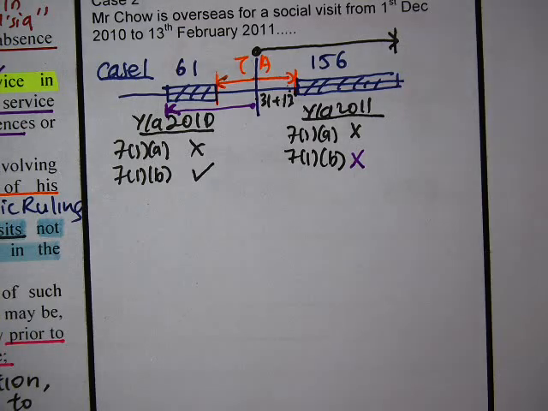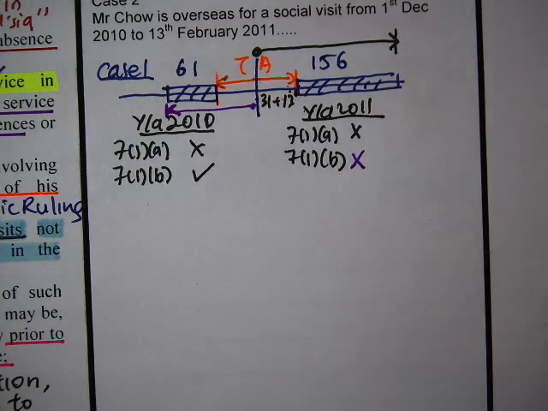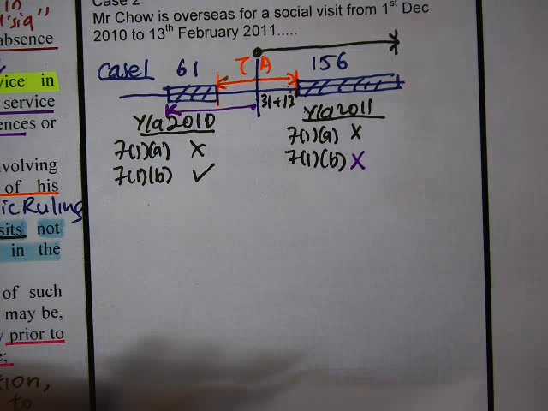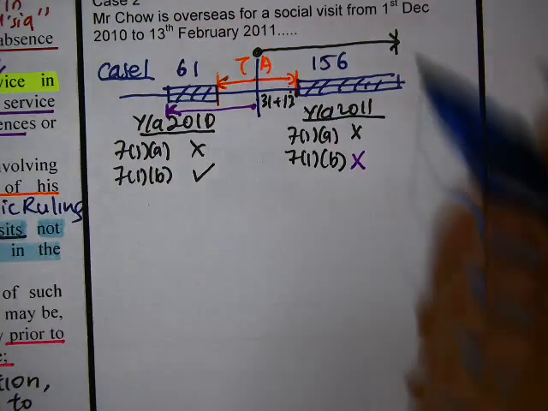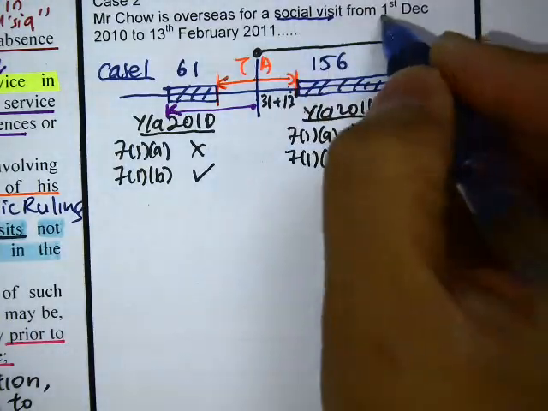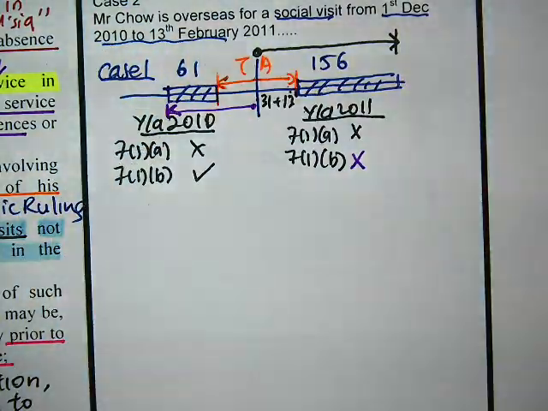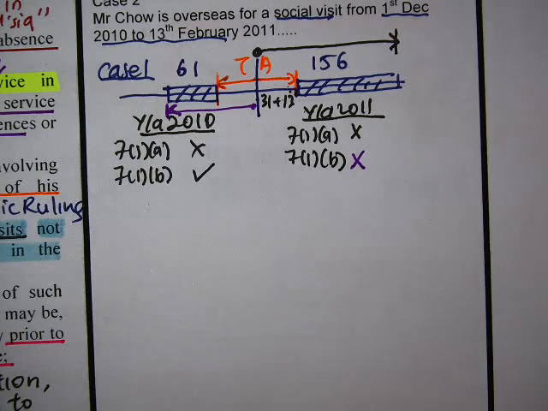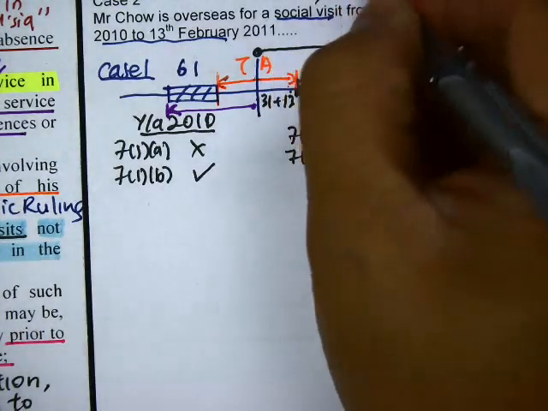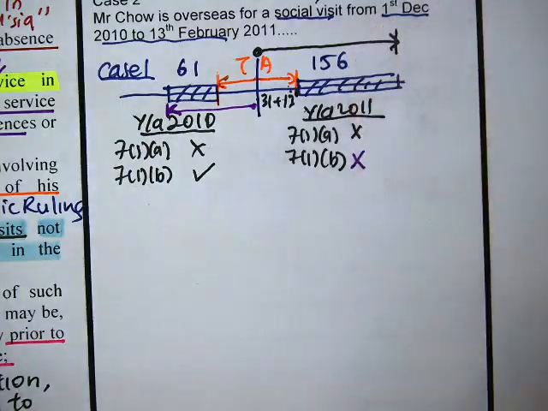Okay. Now we're going to see case 2. It's the same example, with the main difference that I'm changing the reason why he's not in the country to a social visit from 1st December to 13th February. Now it's very obvious that in this case the social visit has exceeded 14 days.